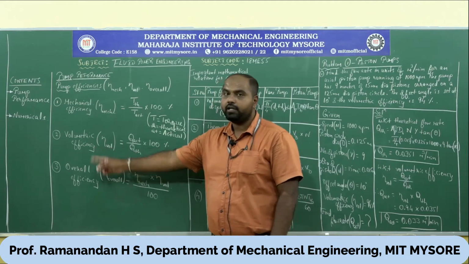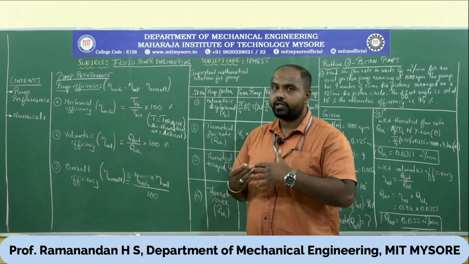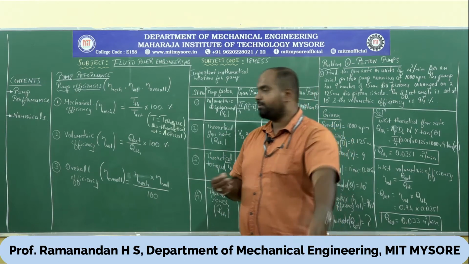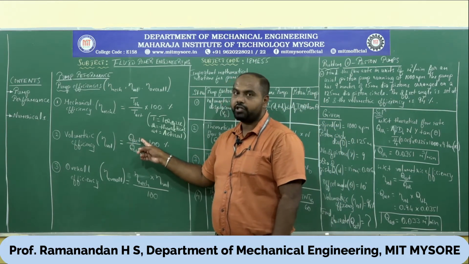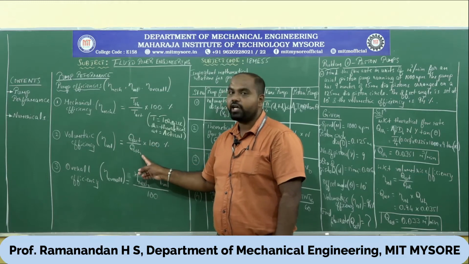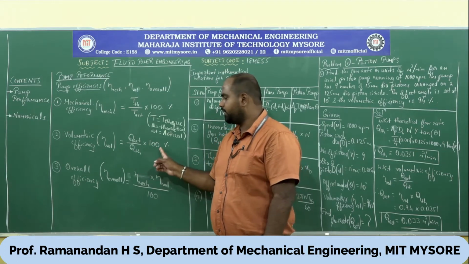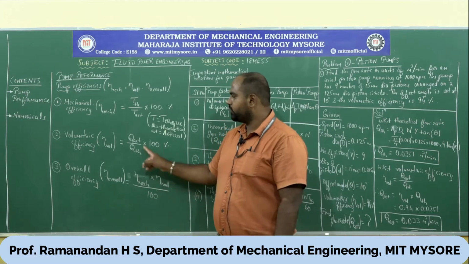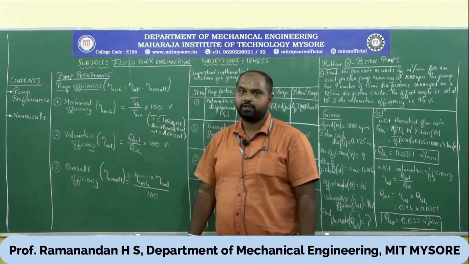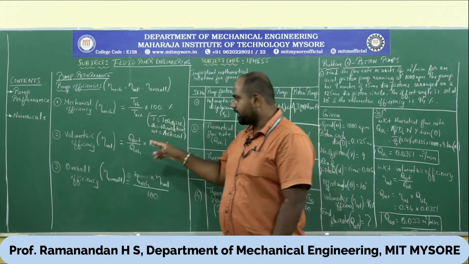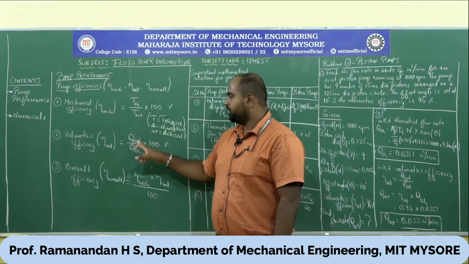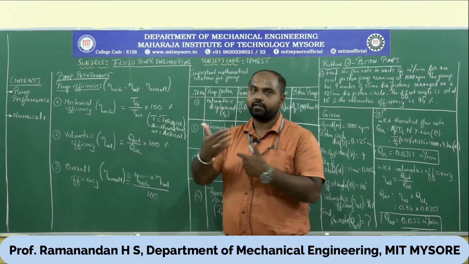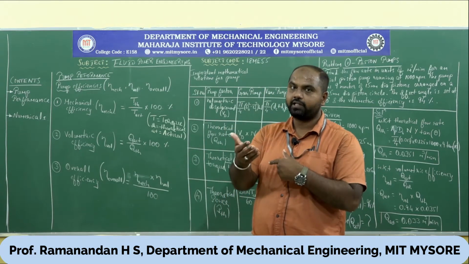Similarly, volumetric efficiency, which is related to the oil being delivered by the pump, is the ratio of actual discharge of the pump to theoretical discharge of the pump into 100. This is the vice versa of the mechanical efficiency. Here it is theoretical by actual torque, here it is actual discharge by theoretical, reciprocal of each other.